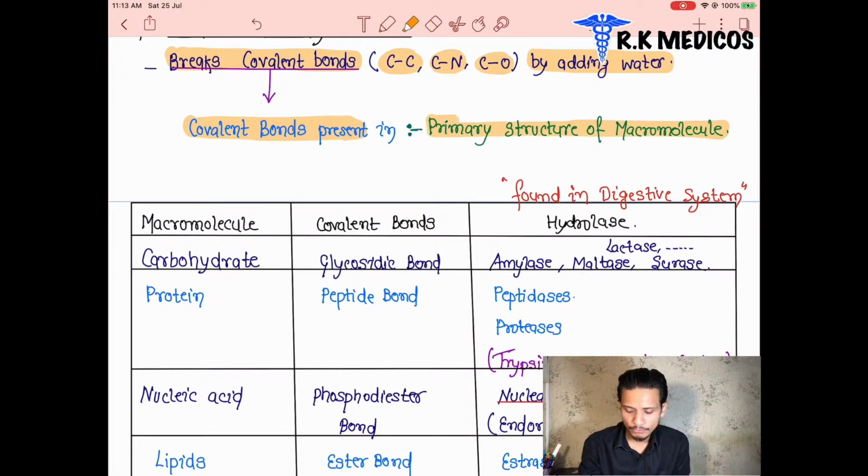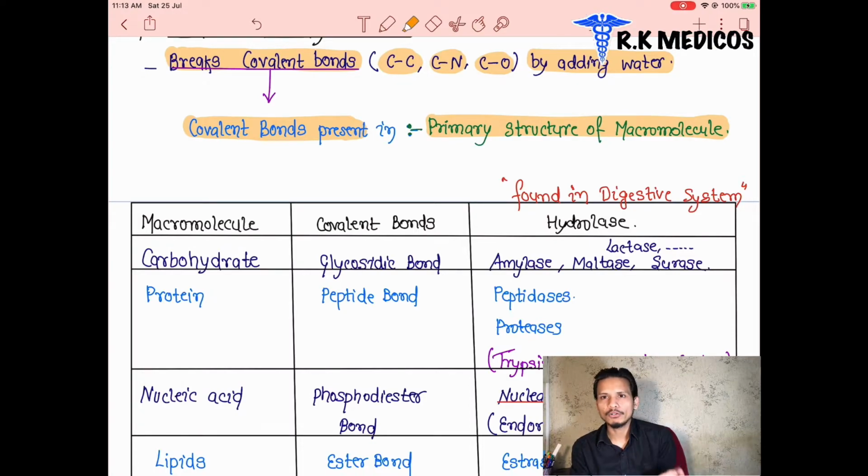What are the macromolecules in our daily life? We will see how these macromolecules contain covalent bonds, and how adding water breaks them. We are going to see it in a table form.